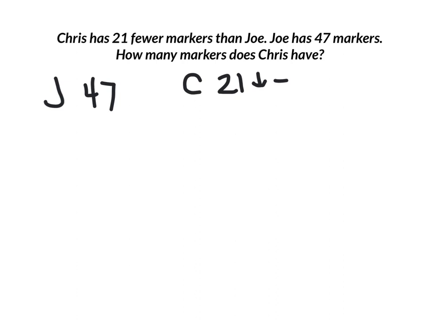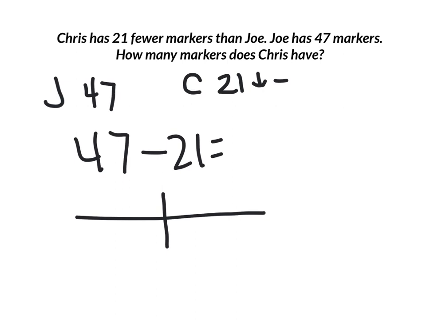So basically all you're doing is taking Joe's 47 and subtracting 21, and that's how you'll find out how many markers Chris actually has, okay? So on this one, I'm going to use expanded form. I'll make my T-chart, and it's 10s and 1s. It's 40 and 7.